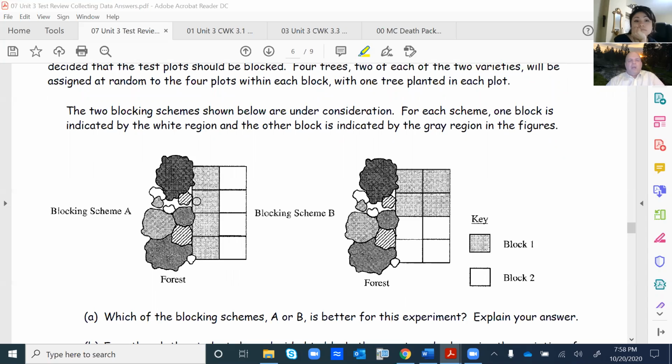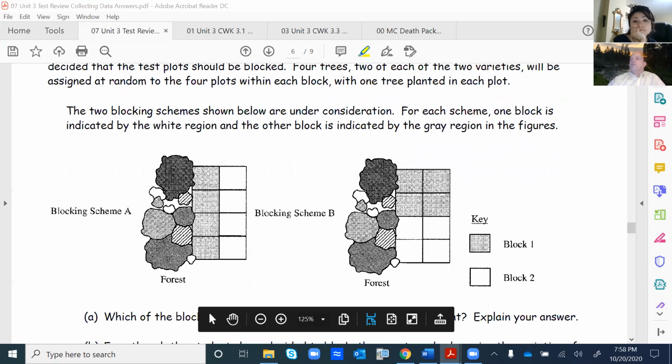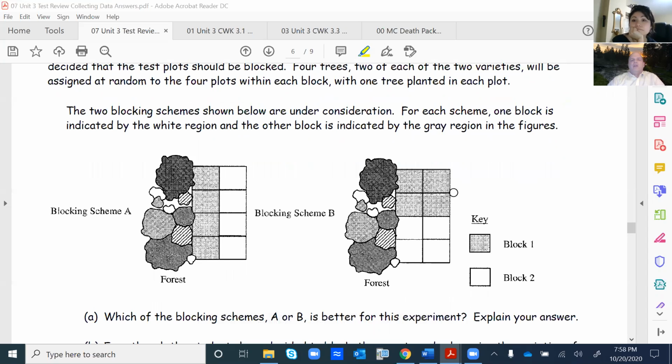If we have blocking scheme A, we have, for lack of a better phrase, vertical blocks. If we have blocking scheme B, we have a box of a group of 4, and here we have another box of a group of 4. Which of the blocking schemes, A or B, is better for this experiment? Explain your answer. The nice thing was they gave a lot of extra credit if you back this up, but I missed it.